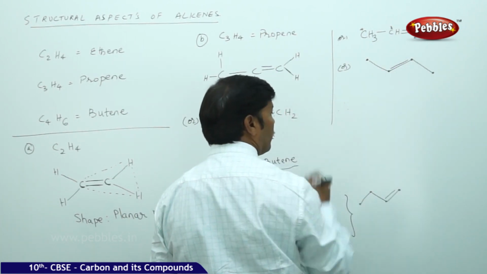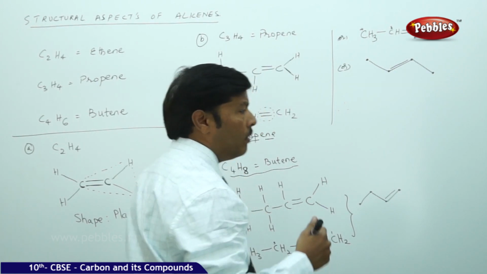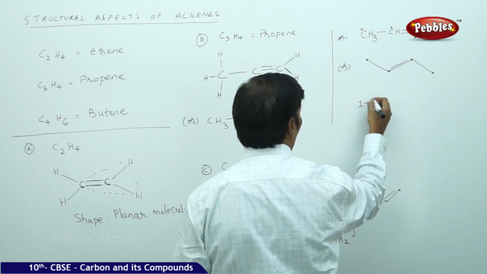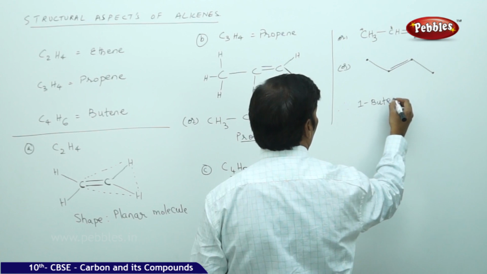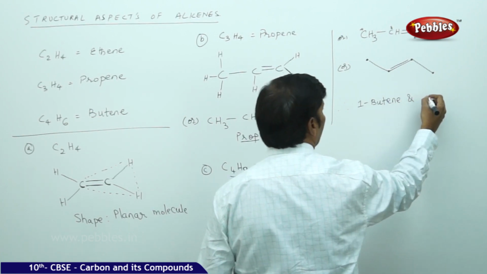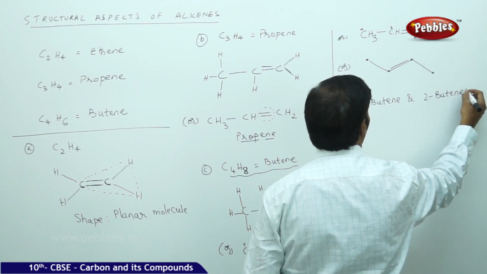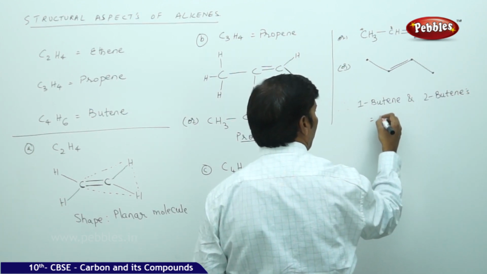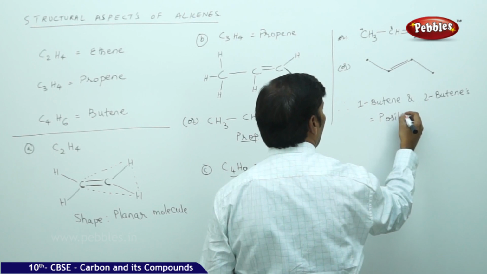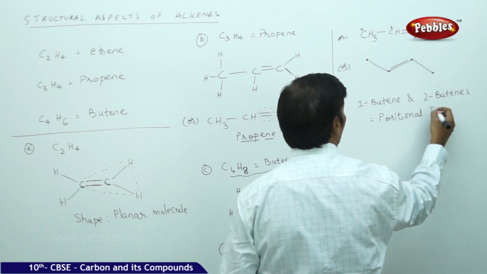Therefore we can come to one conclusion: 1-butene and 2-butene are positional isomers.